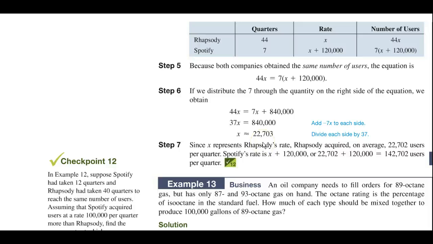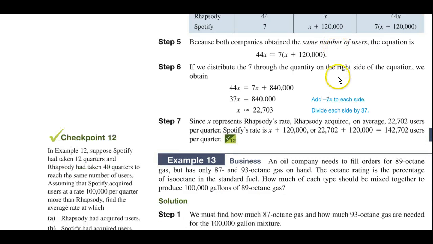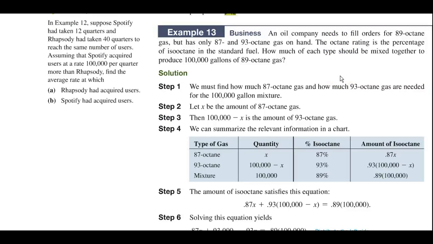Now a little later on we're going to do cost and revenue problems, which is actually something similar to what we're doing here. So for the Rhapsody, on average, acquired this many users per quarter. That's the slower one, while Spotify's rate was 142,000 plus users per quarter. So challenging. All right, let's go on to 13.